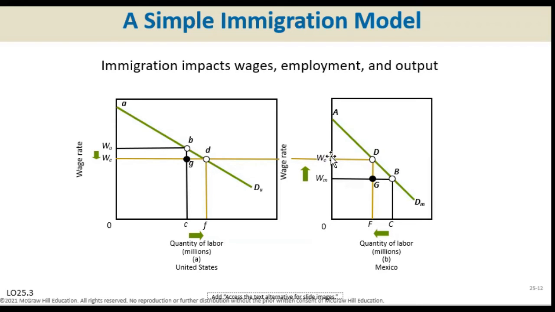And doing so, it will also lower the Mexican business income. If you look above, you will see that the gain in output in the United States exceeds the loss of output in Mexico.